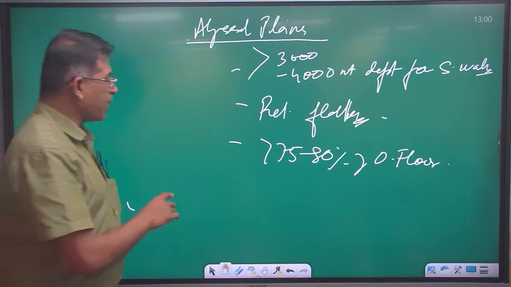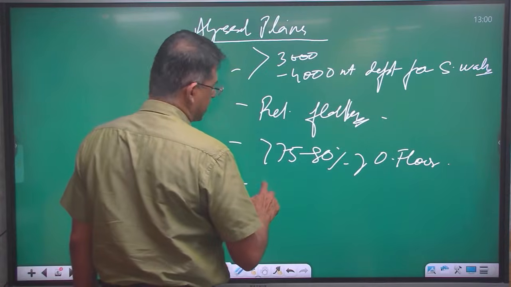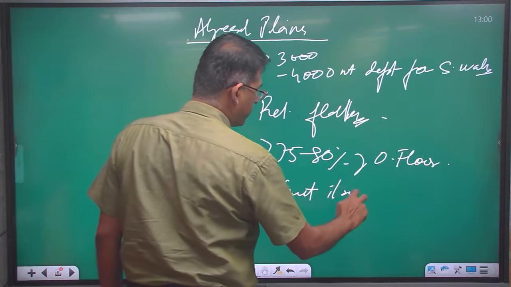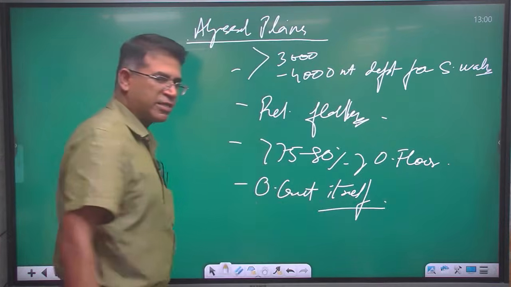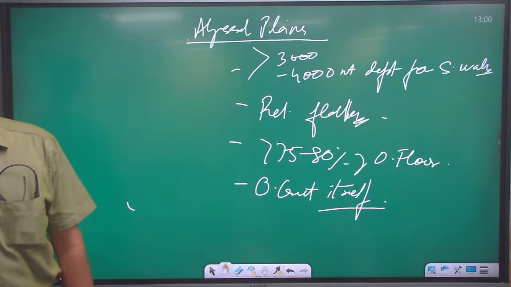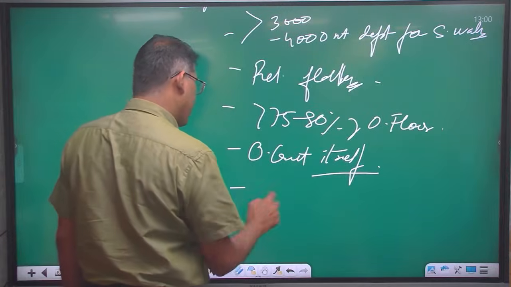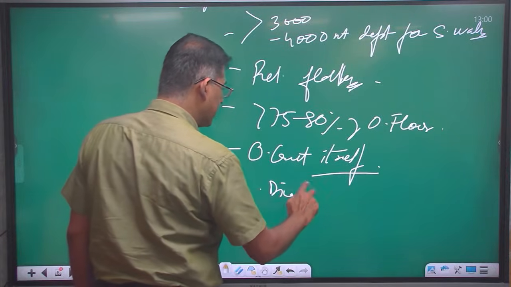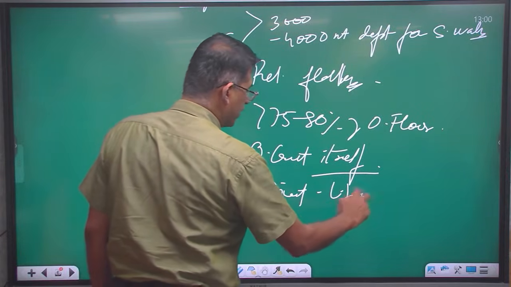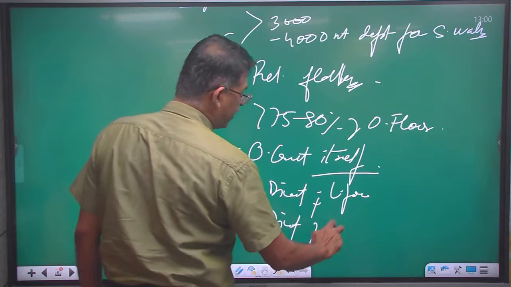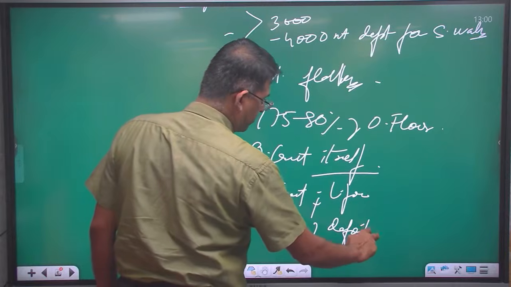Okay. The abyssal plains is the ocean crust itself. Okay. And these plains, they can have a diversity of landforms, plus they can also have a great diversity of deposits.